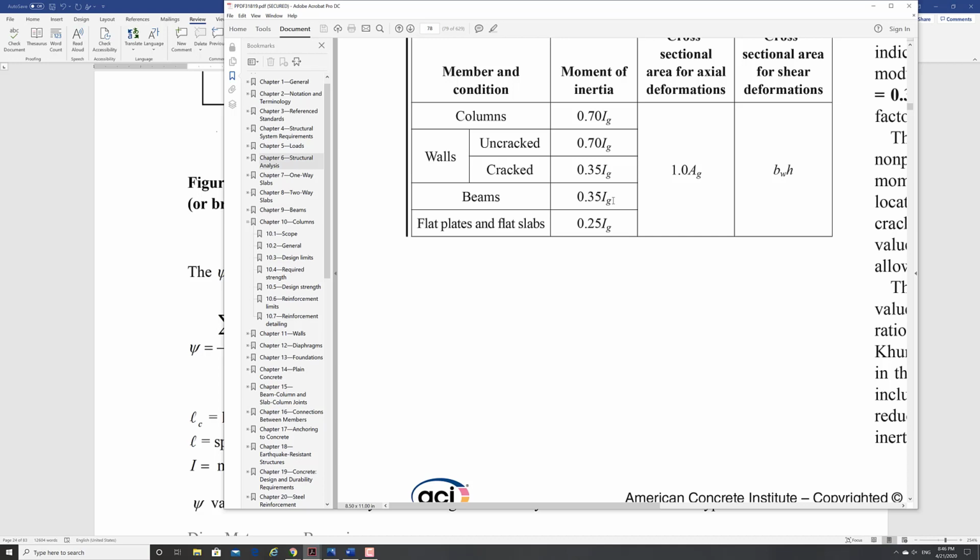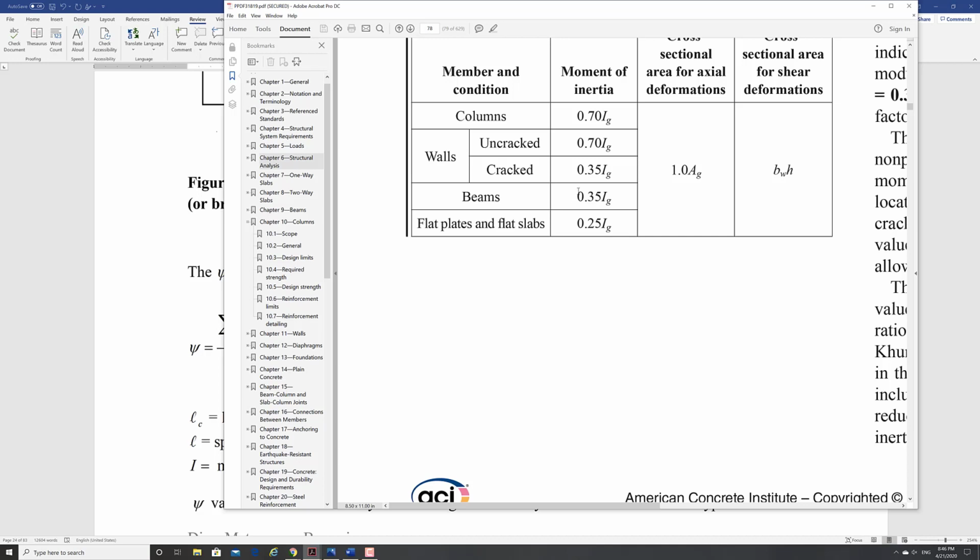Then you will use a lower value for your gross moment of inertia, so your ratio changes. And the fact that it changes gives you different moments. And so you may think that you got the right answers. Somebody else may get a different answer simply because they changed the relative value between columns and beams regarding the moment of inertia.